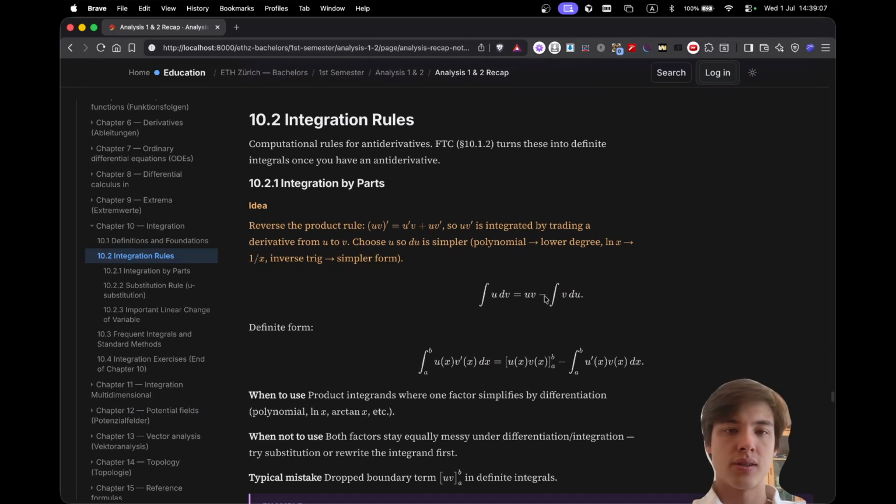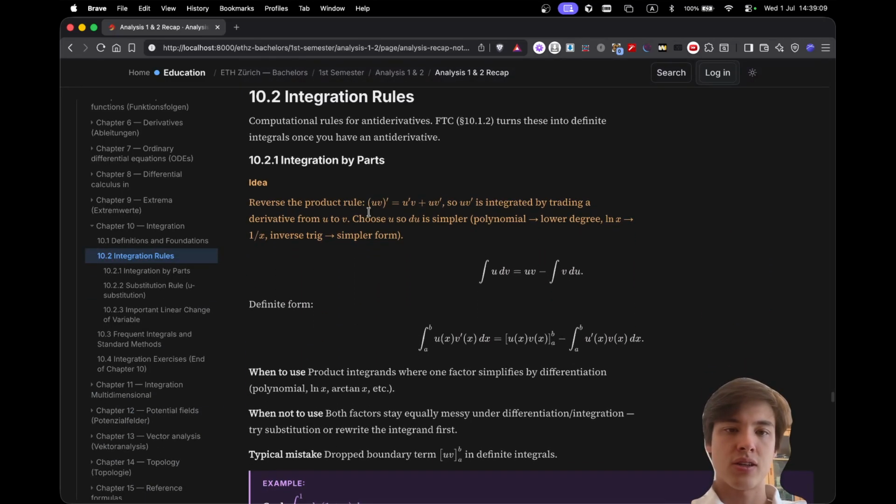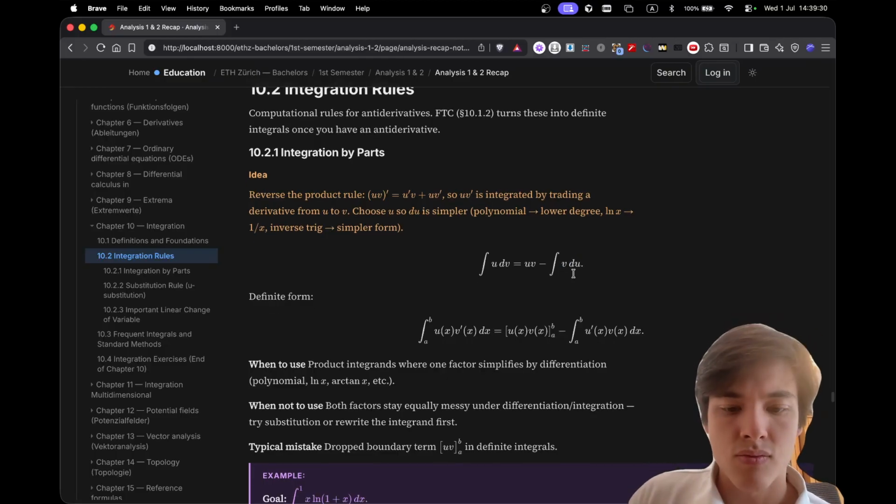Integration rules. We have different ways of integrating. We can integrate by parts. It's the reverse product rule. If we have u dv, we can say u times v minus v du. When was it used again?